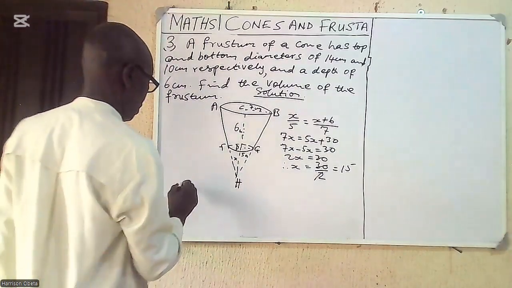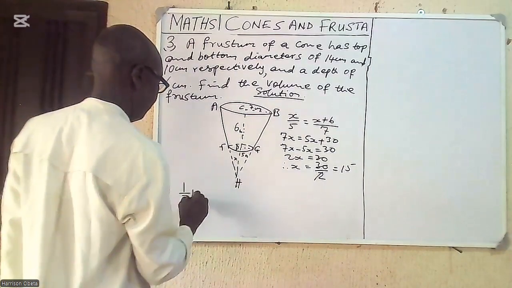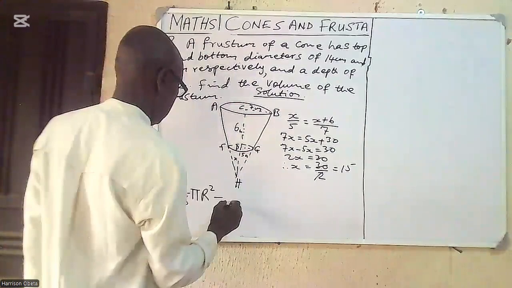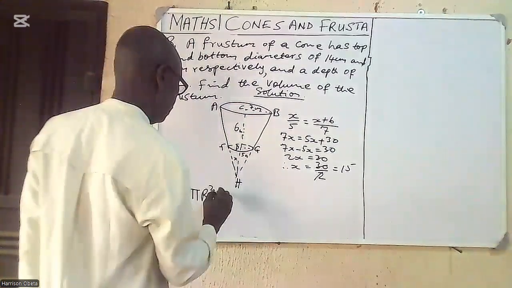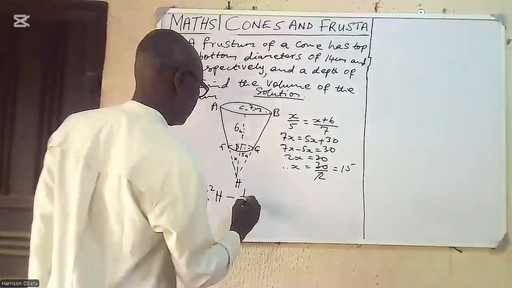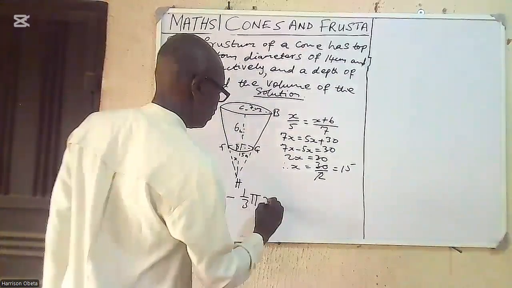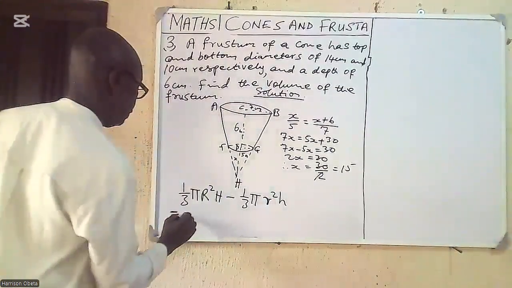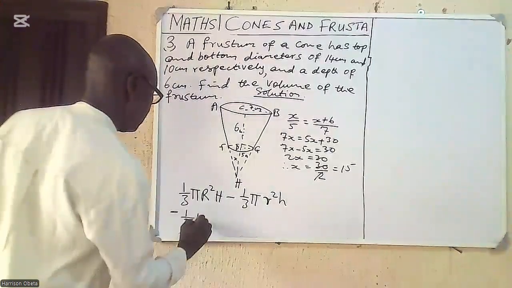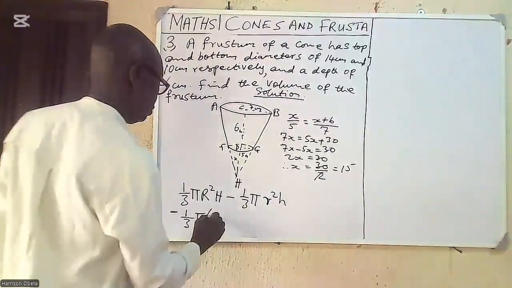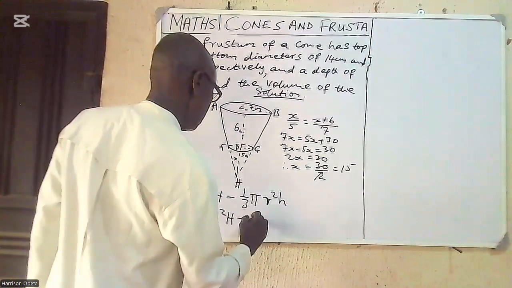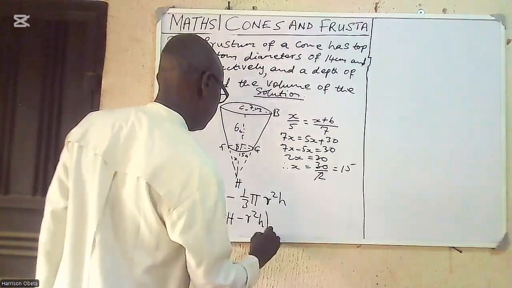That is 1 over 3 pi capital R squared H minus 1 over 3 pi small r squared h. And that is 1 over 3 pi, bringing pi out, R squared H minus r squared h.